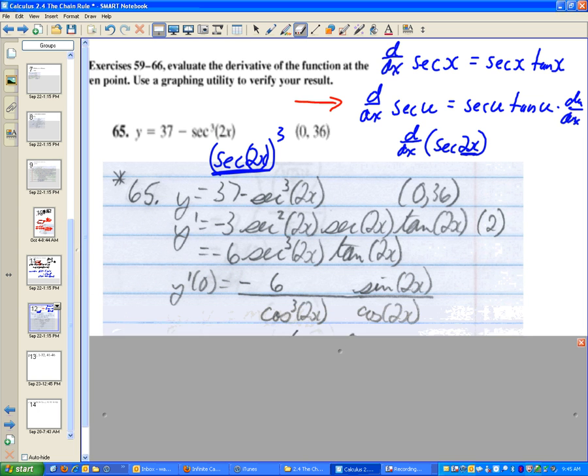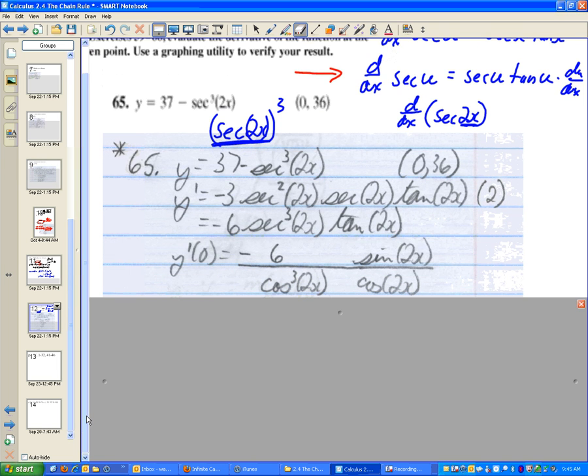So y prime of 0 equals, we're not going to need your calculator. Because look, I can't evaluate that with or without a calculator as it's written. Can you? I need to change secant to 1 over cosine.